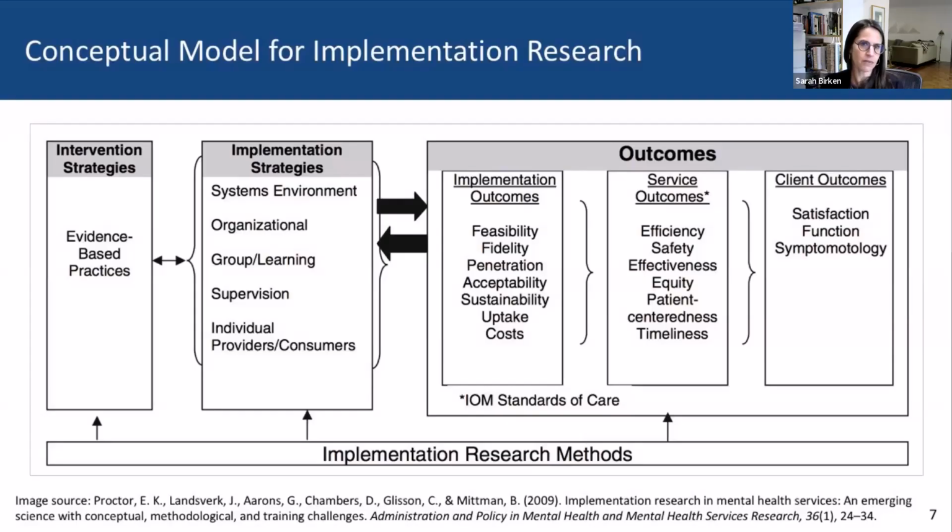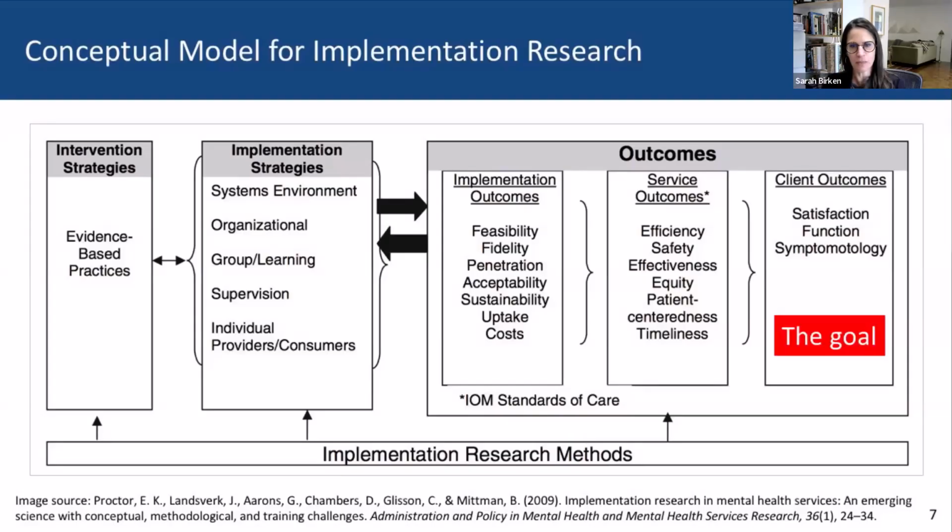Right smack dab in the middle of the screen, she was making the point that there are these intermediate outcomes well before we see the client outcomes that we focus so much of our grant-funded studies on moving the needle on. We need to pay attention to these antecedents to those client outcomes like satisfaction, function, symptoms, morbidity and mortality. And of course, there are service outcomes as well. But prior to that, it's the implementation.